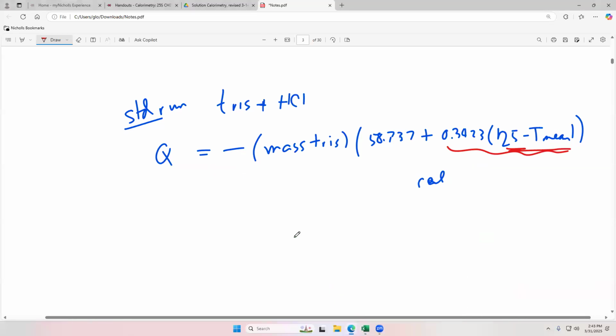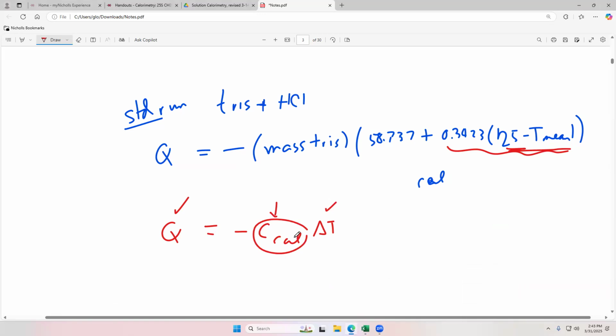Our calorimeter constant, our Q, is going to be equal to minus C cal times delta T. Okay. In the standard run, we don't know C cal, we do know Q, and we measure delta T. So we can solve for C cal.